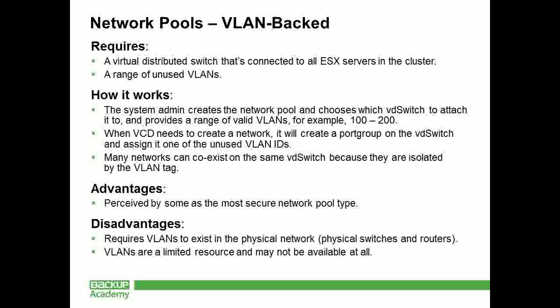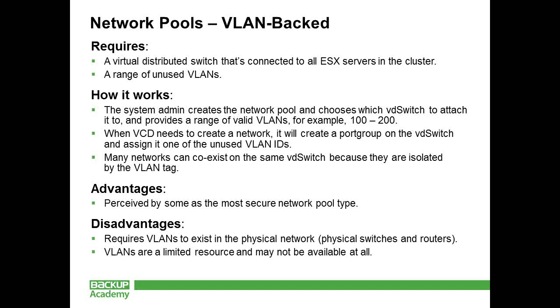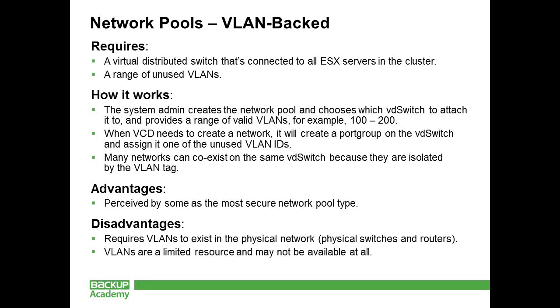In VLAN-backed network pools, the provider, or again the cloud admin, is responsible for creating a physical network with a range of VLANs and trunk them accordingly to all the hosts. The provider will then map the distributed virtual switch along with the range of VLANs to the VLAN-backed network pool, so it can be used by the organizations to create VApp and organization networks whenever needed.